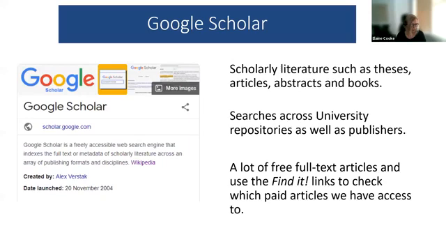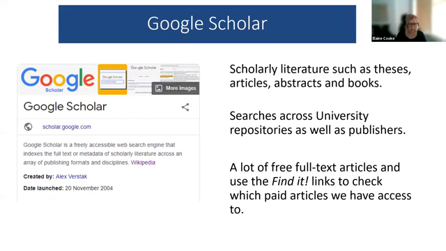Okay, finally, of the resources, just wanted to signpost Google Scholar as well, which is listed as one of the databases. You can just Google Google Scholar as well. So the academic end of Google can be quite a useful place to search as well. So it's scholarly literature, articles, abstracts, and books.